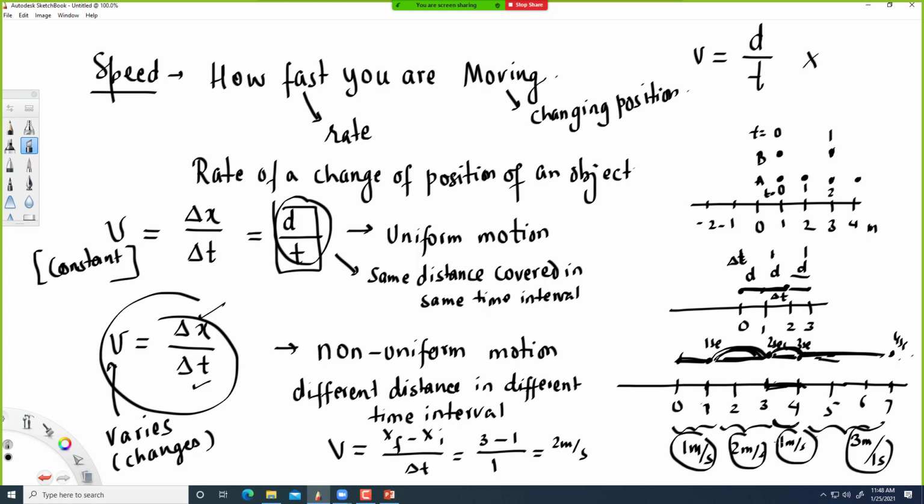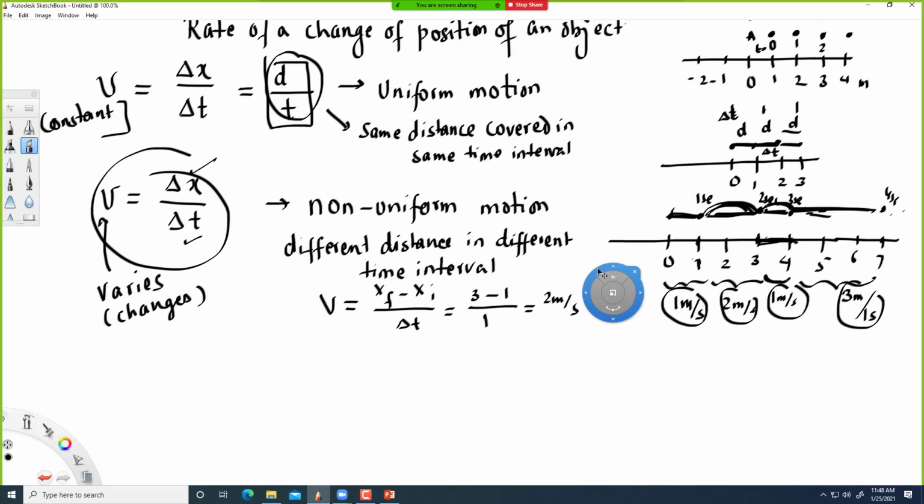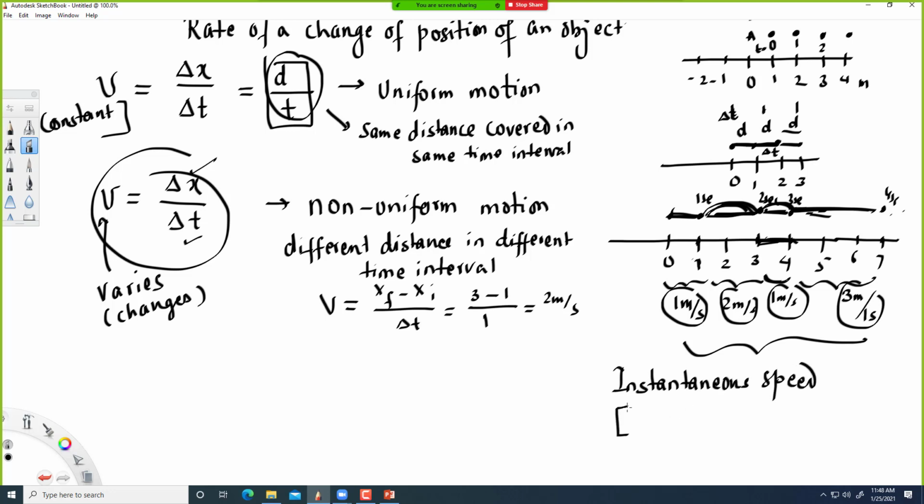So each of these speeds is called instantaneous speed, that means speed at different instances. Whereas in uniform motion, speed is always the same, but in non-uniform motion, it is different.